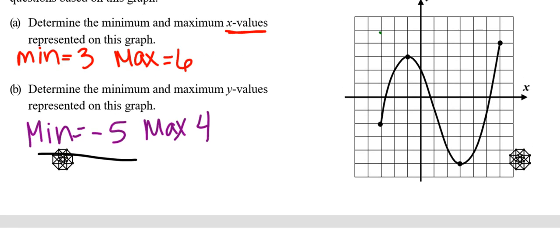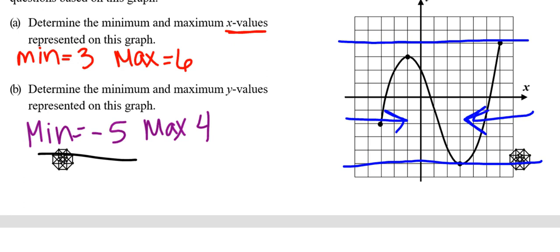When you're looking at range, you're going to draw your points, your high and your min for your y value. Excuse me, that was domain. And it's like you're scrunching everything in towards the y-axis. So if I scrunched everything in, where would that y value hit on my y-axis? So of course I have my min, which is -5, and my max, which is +4.